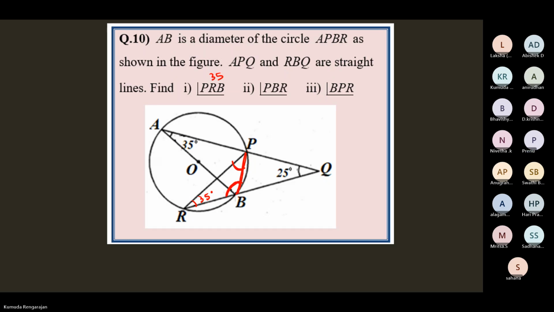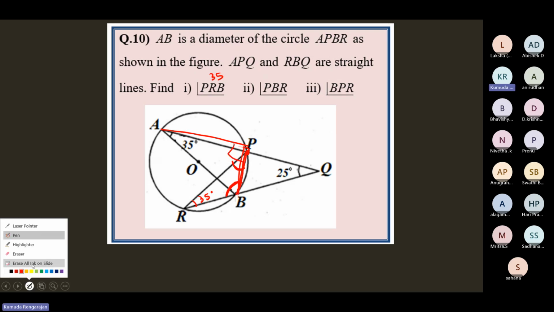Ma'am, P and R. Not R, only P. Yes, P. So you can see here, there's a point P on the circle. A to P, B to P. So this angle is 90 degrees.